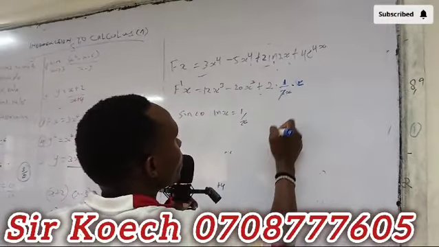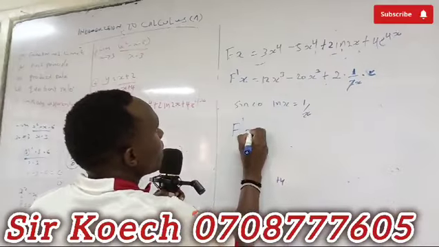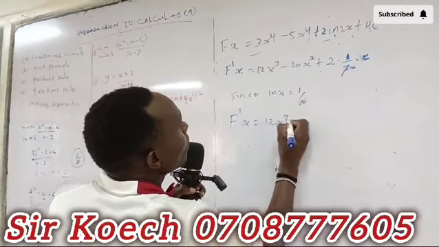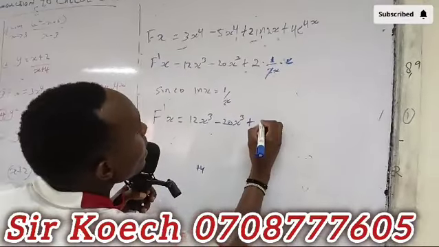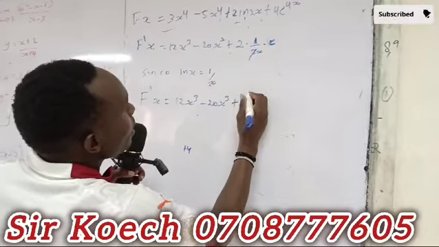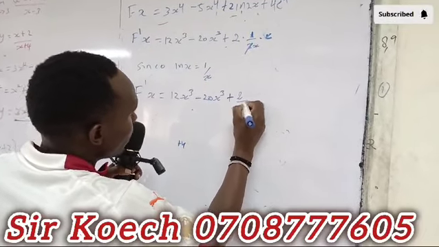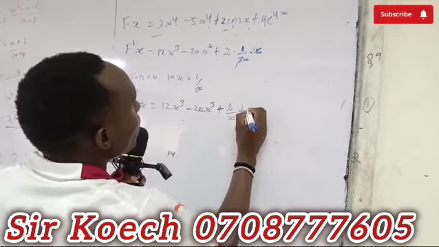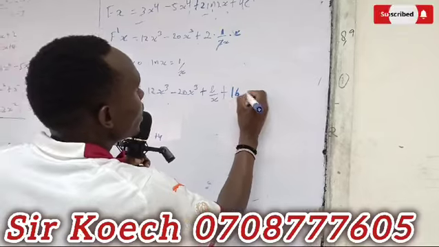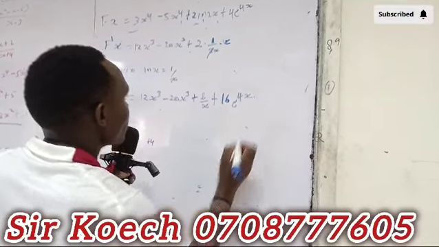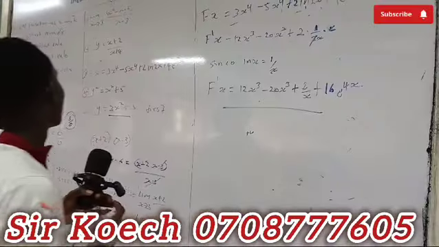So this one and this one cancel. So f prime of x is equal to 12x cubed minus 20x cubed, then plus 2 over x, then plus 16e raised to 4x. So this is our final answer.